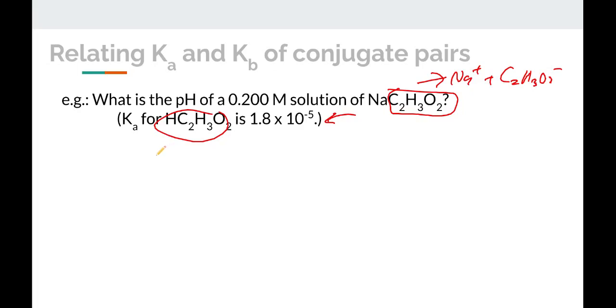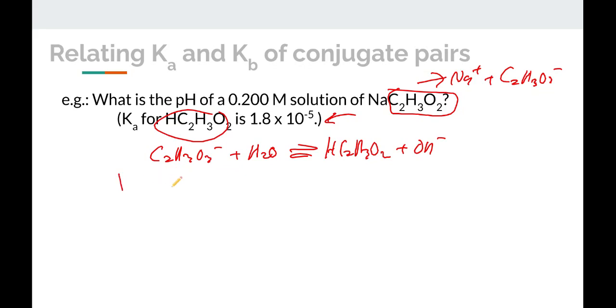So let's set up a RICE chart. C2H3O2 minus is going to react with the water that's in the solution and produce HC2H3O2, the conjugate acid, and some hydroxide ion. And how much hydroxide ion is in there is going to be what influences the pH.